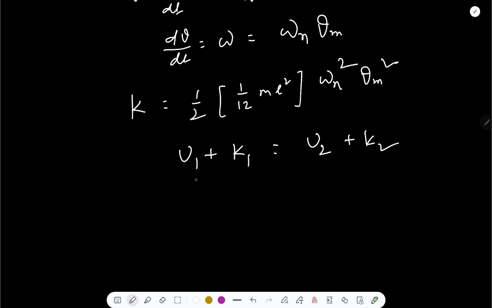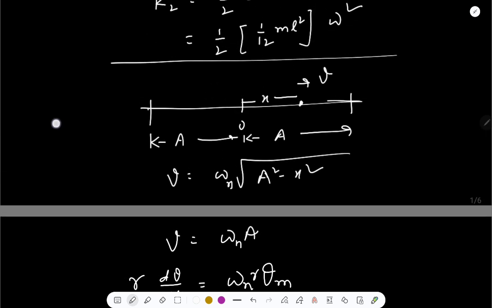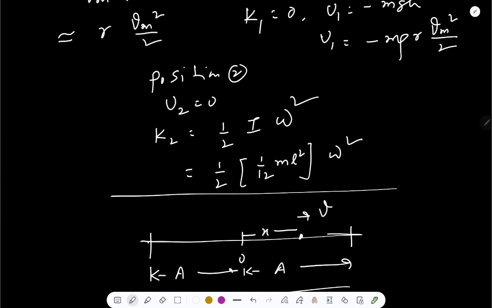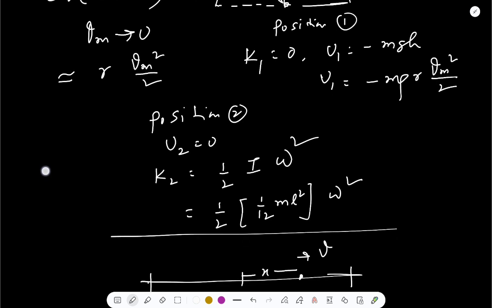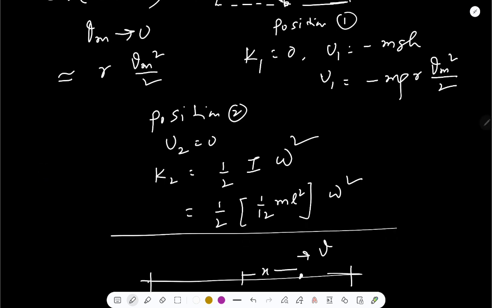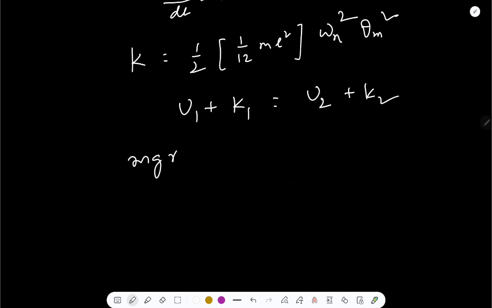And initially there was potential energy, and its value was simply mgr theta m square by 2, though it was with a minus sign, but I don't need it. So this is theta m square by 2 plus kinetic energy was 0 here, and potential energy was 0 at this position. They are relative things.